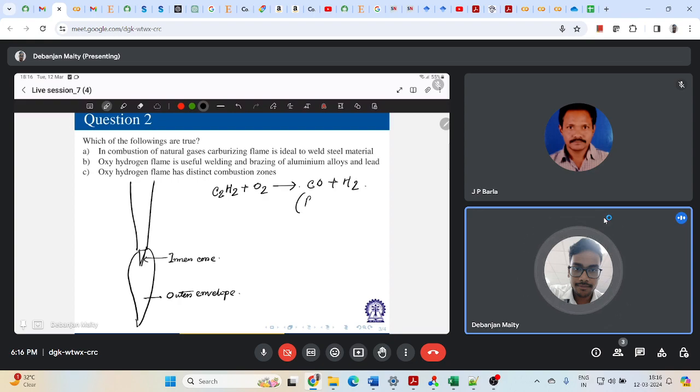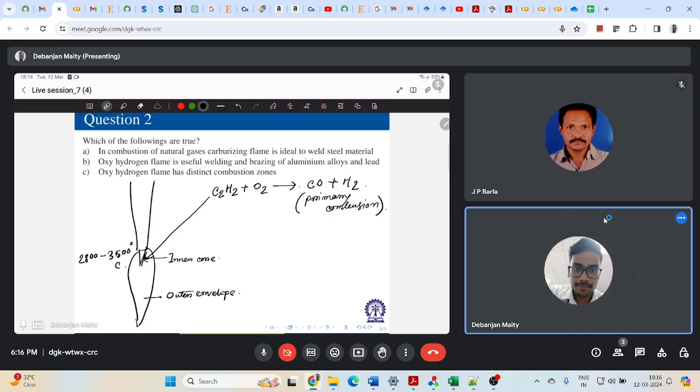This is the primary combustion, which is taking place in the inner core part. So the maximum temperature you can generate will be somewhere around 2800 to 3500 degrees C.